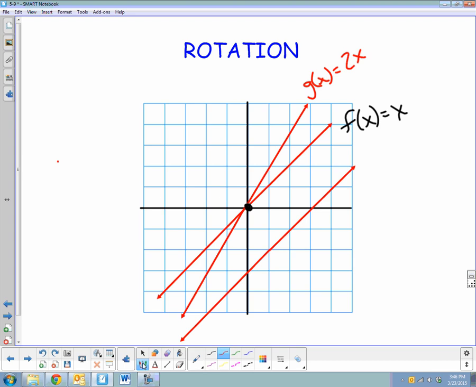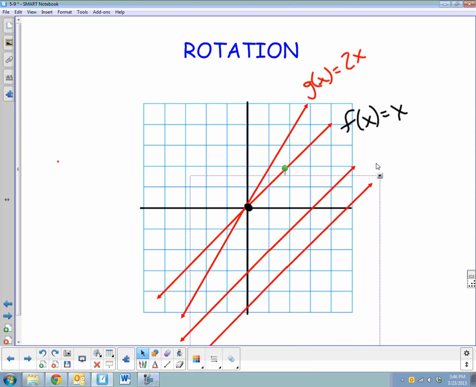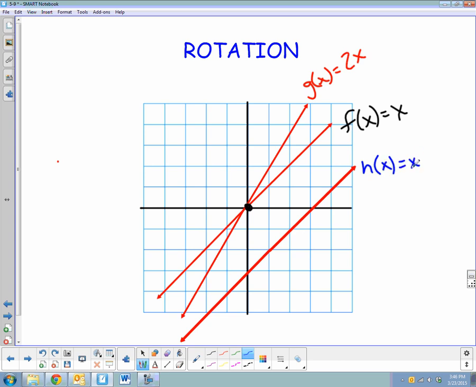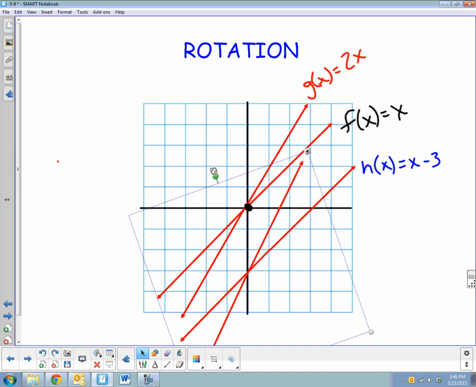Even if I had, let's say, this one here, at this point right there. So if I've got this parent function, we'll call this one h of x, and this is going to be x minus 3. So if I rotate h of x, it should rotate around that same point. There, that's sort of it.